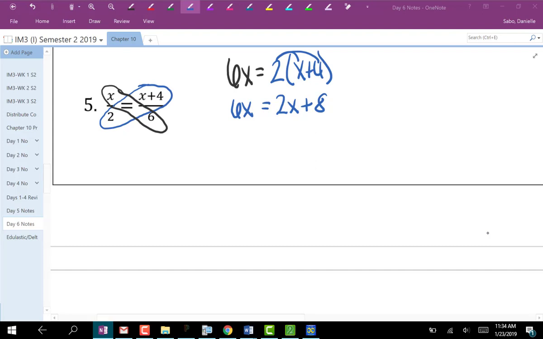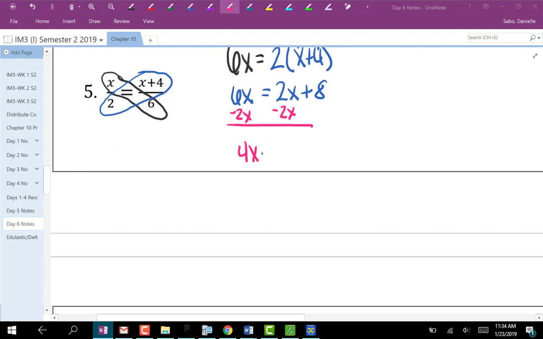It just makes it easier. So I'm going to subtract 2x to both sides. If you would have subtracted 6x, that's fine, but then you leave yourself in a really weird pickle where you have 0 equals something. Okay, so that's why I want to move the 2x to the left. And I get 4x is equal to 8. Now what do I do to both sides? Divide. And x is equal to what number then? 2.